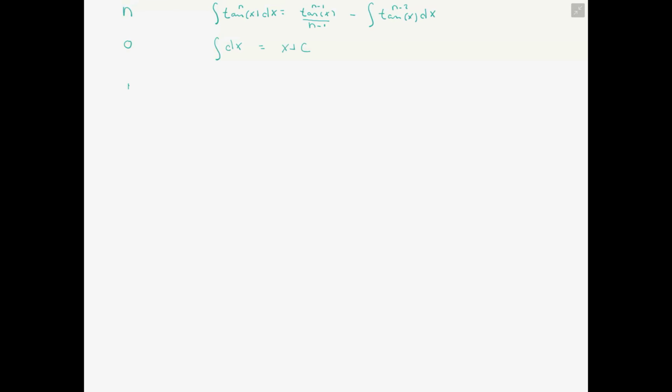So we're going to use that. And first off, we're going to notice that n is 0. Anything to the 0th power is 1, so we have dx, and that's equal to x plus c.